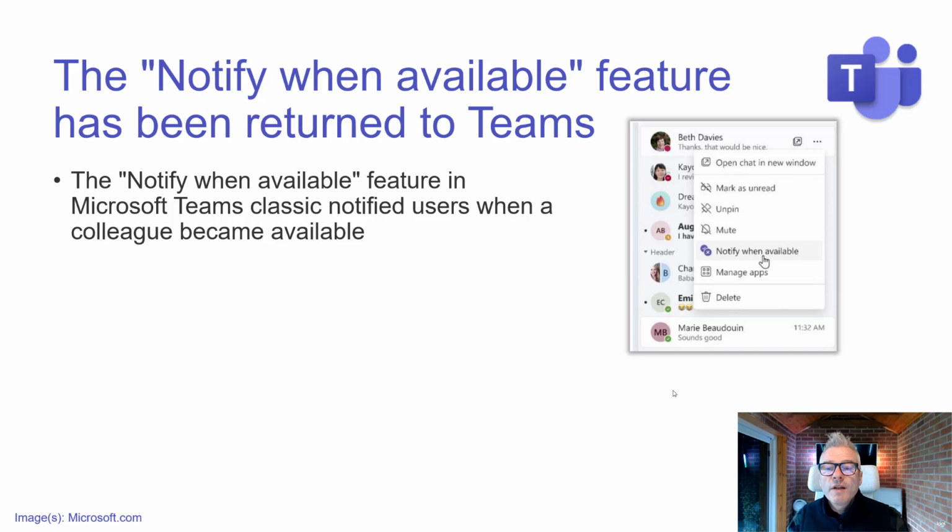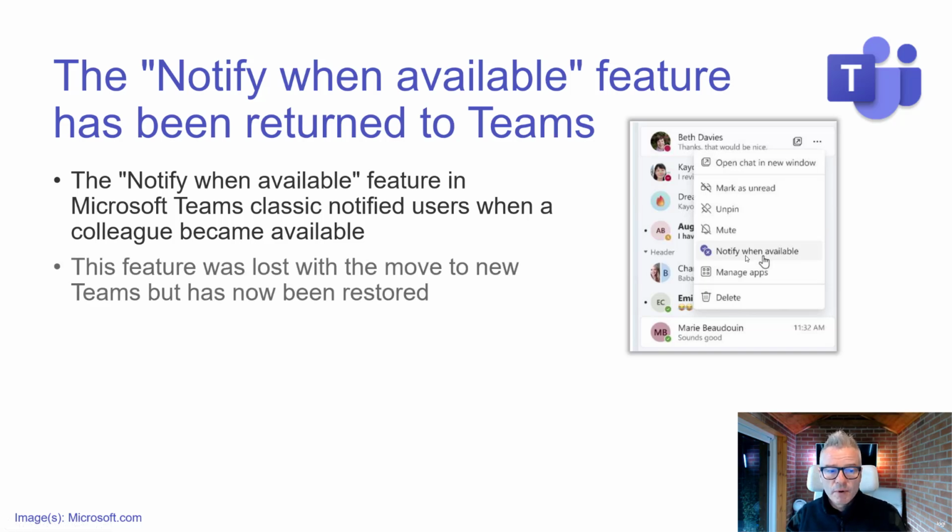The notify when available feature has returned to Teams. You had this in old Teams. Maybe you're trying to get hold of your boss or whatever, and they're in and out of meetings. You can right click on them, click notify when available, and it'll pop up and tell you when they are available.